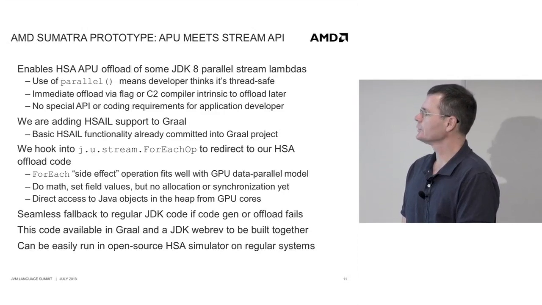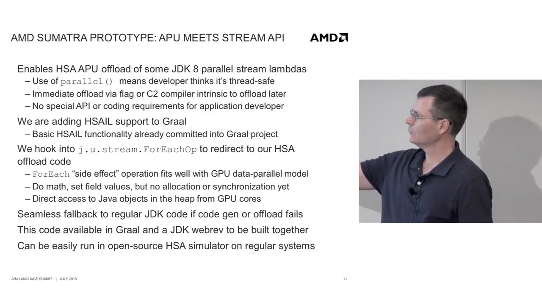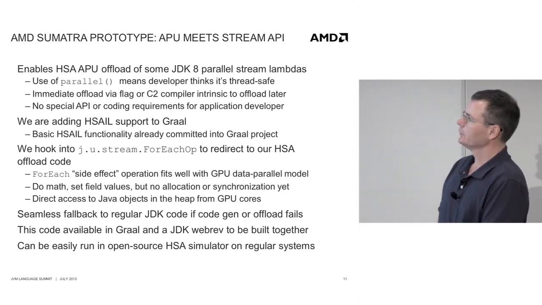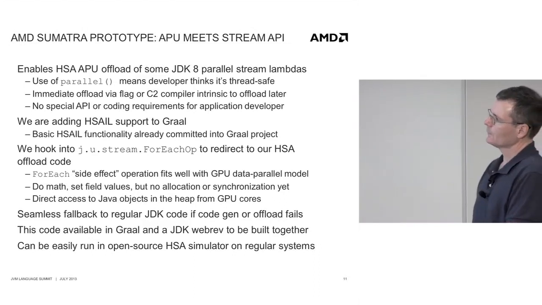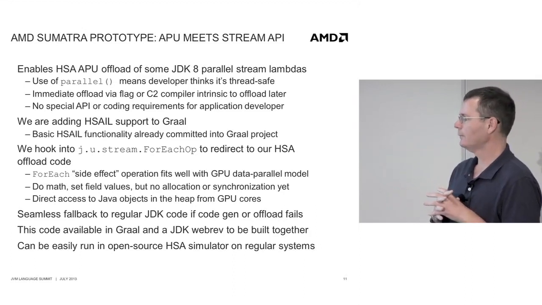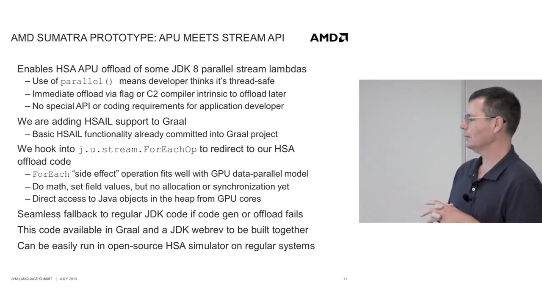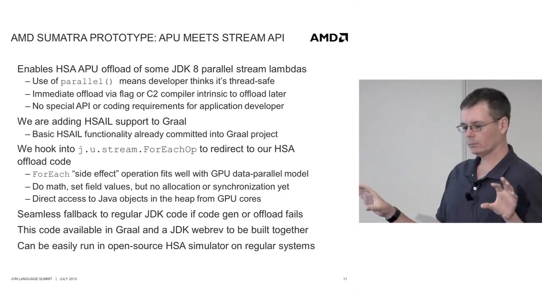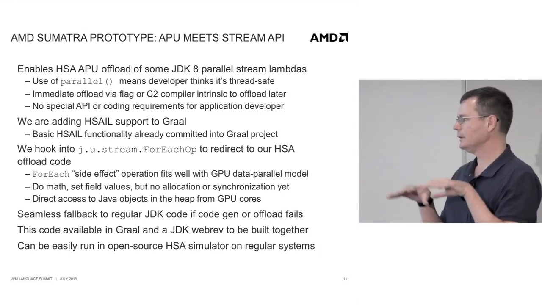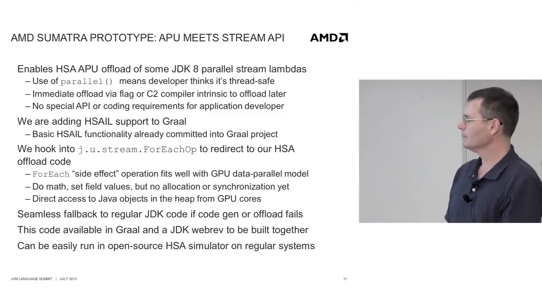So for the first version here, in particular, what we did was we modified the Java util stream for each op to redirect into HSA. And we did this because the for each, I guess I'll call it side effect operation, fits well with this model where you pass in the array that you want to work on, and then it will just operate on each object that's referenced out of the array.